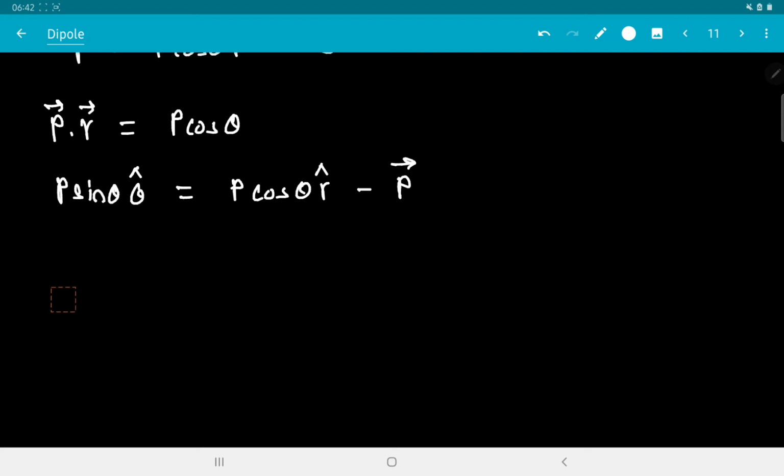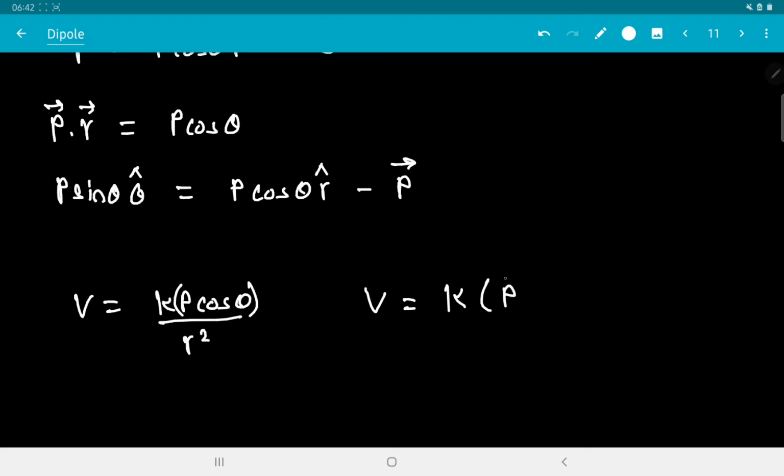First we'll convert the potential, which is k p cos theta divided by r square. Now we can replace this p cos theta term by k vector p dot r cap divided by r square.